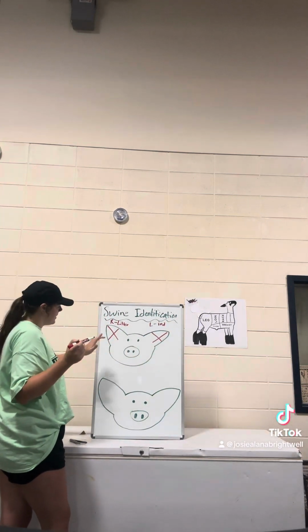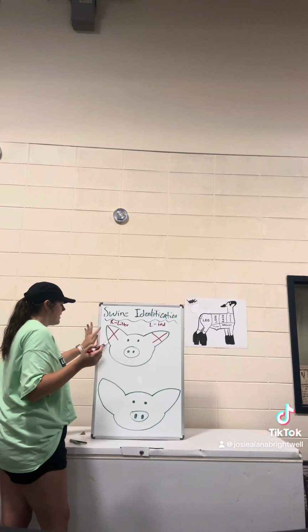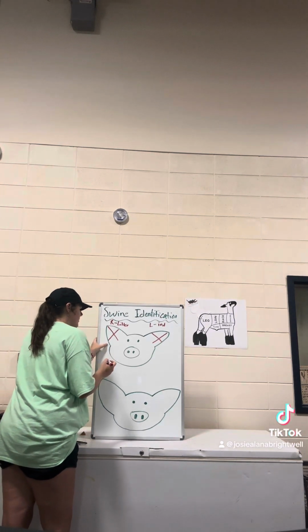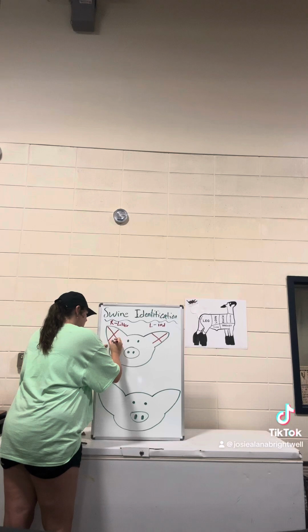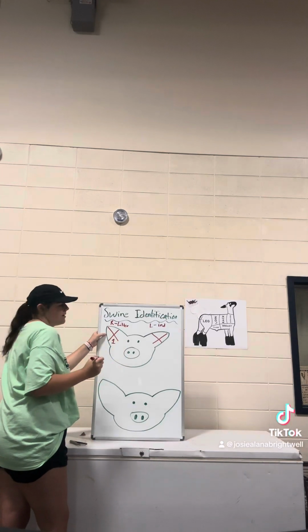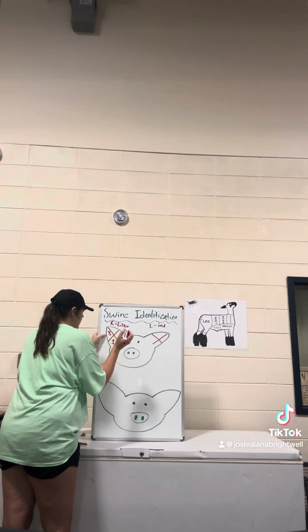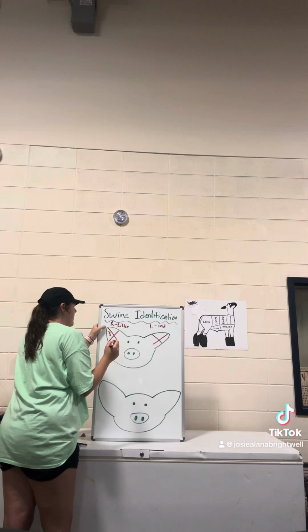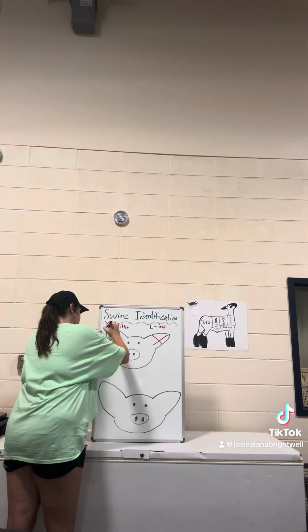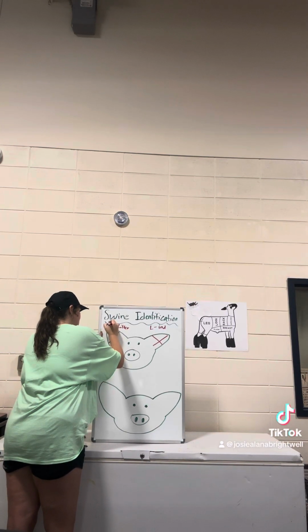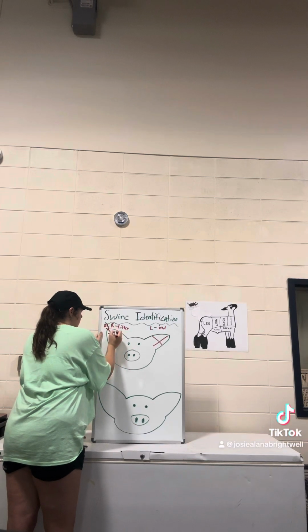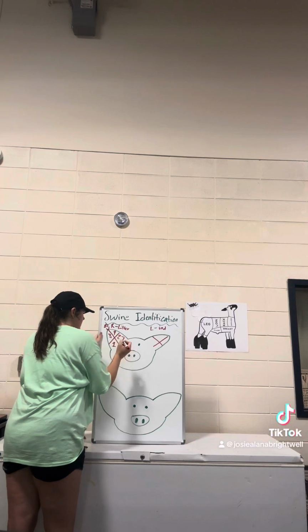So going through the ears, we're going to start with our litter. Each one has its own value, so starting at the bottom closest to the pig's head, we have a 1. Going on up, we have a 3. For the litter, you actually can notch the tip of the ear, so just the tip, and that's an 81. So going on past the 3, we have 9 and 27.